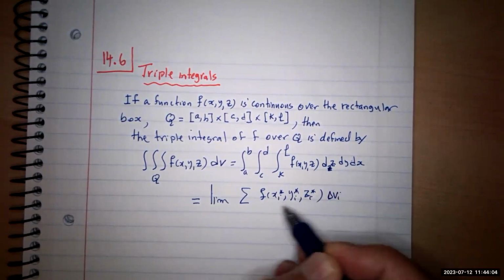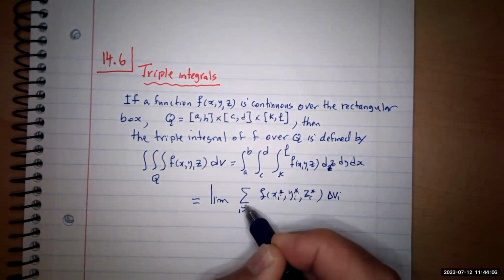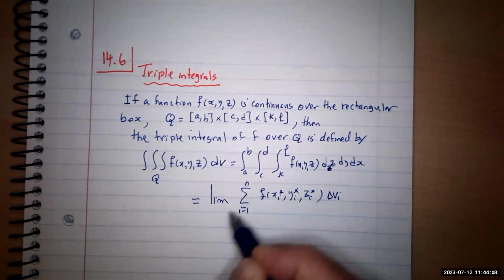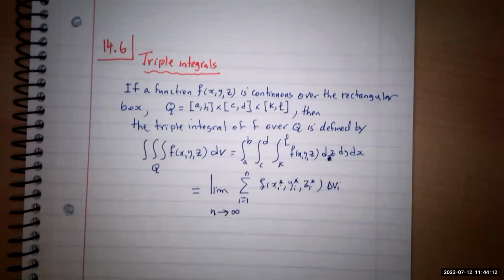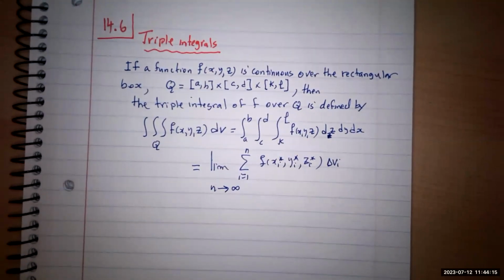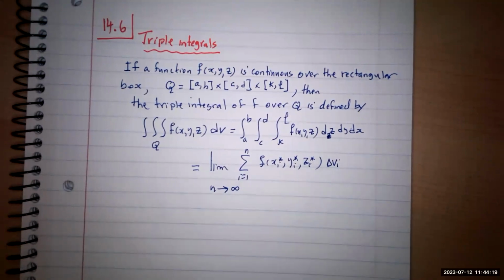We just slice the region into different parts. It's just an interpretation as we did for the other one. But we know that as soon as you freeze two variables, it's going to be an iterated integral.